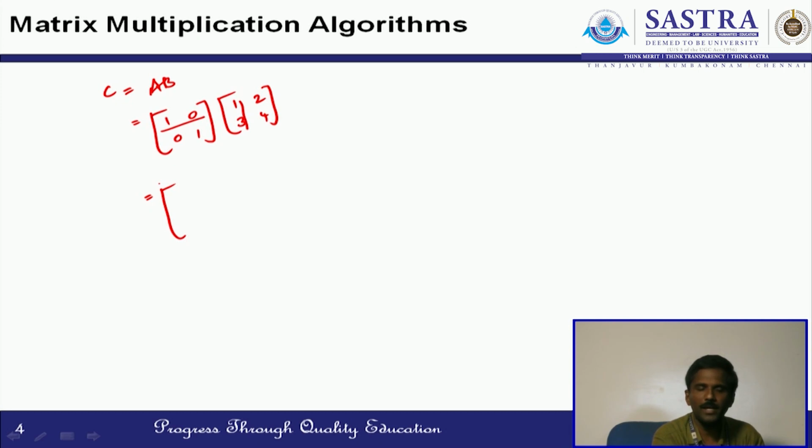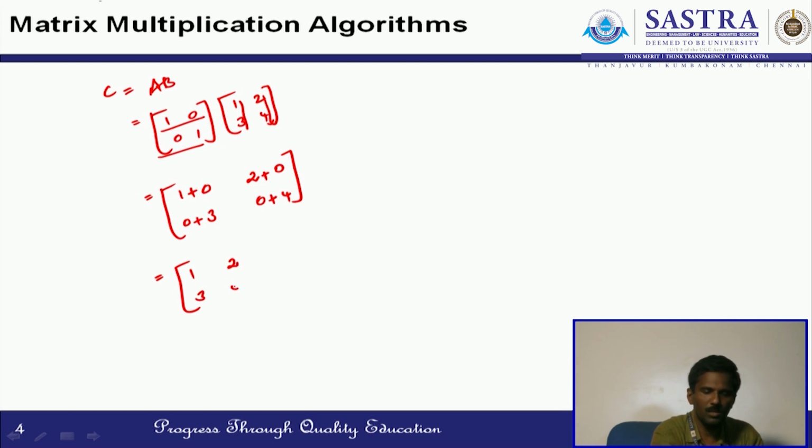Corresponding elements are multiplied and added. So it is 1 into 1 is 1, plus 0 into 3 is 0. Then first row, second column: 1 into 2 is 2, 0 into 4 is 0. Then second row, first column: 0 into 1 is 0, plus 3. Second row, second column: 0 plus 4. So we have 1, 2, 3, 4. This is the product of the two matrices A and B.